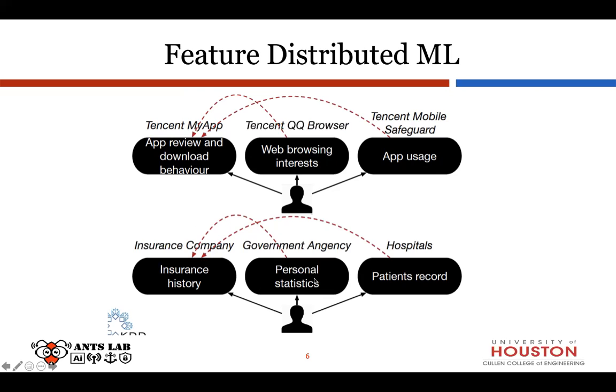They also want some personal statistics information from the government and some patients' records from the hospital. Obviously, the government and the hospitals don't want to share this sensitive information with the insurance company. So they still need a feature distributed machine learning architecture. These are two practical scenarios or applications of this feature distributed machine learning.